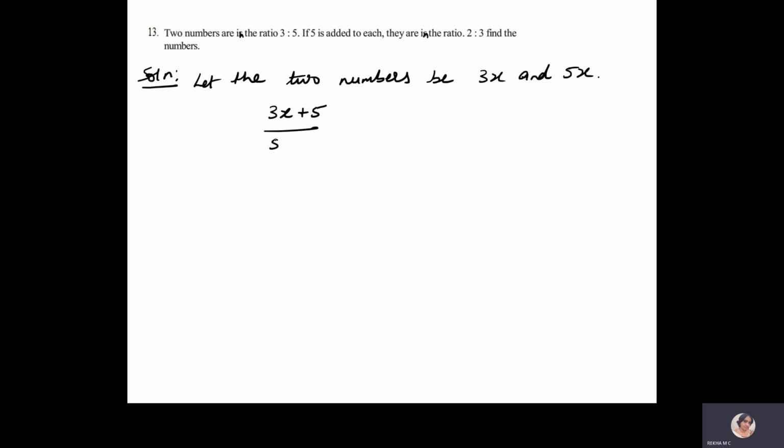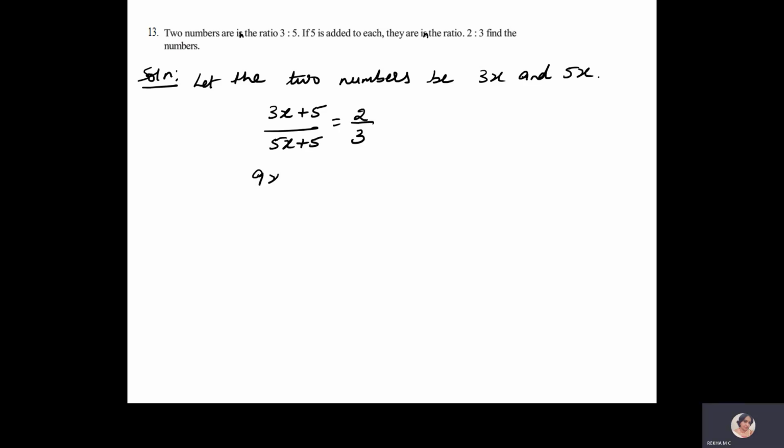Next question, numbers are in the ratio 3:5. If 5 is added to each, they are in the ratio 2:3. Find the numbers. Let the two numbers be 3x and 5x. So 3x plus 5 divided by 5x plus 5 is equal to 2 by 3.